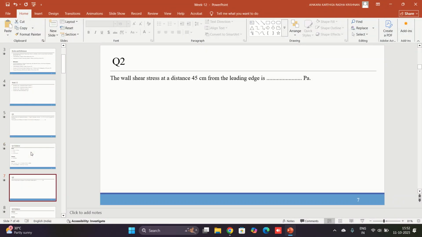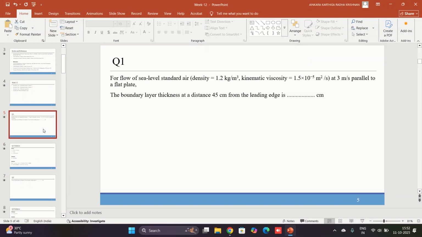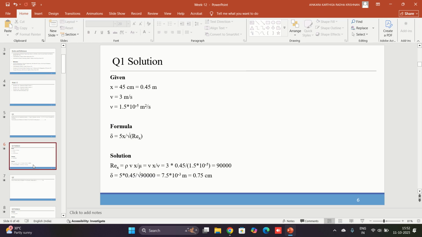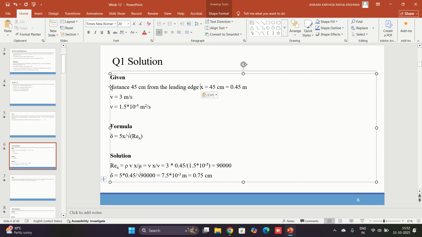So I'll just change here: distance from the leading edge, velocity, kinematic. I'm just writing what each symbol represents so that there will be no confusion.